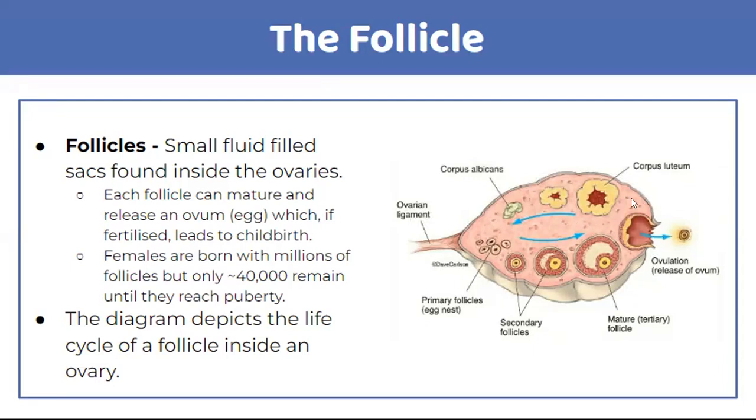The follicle still is useful even after the ovum gets released. After the egg gets released, you can see that the follicle then degenerates into this thing called corpus luteum, and we will understand the role of the corpus luteum later. It further keeps degrading into the corpus albicans, and then it just dissolves and disappears after a while.